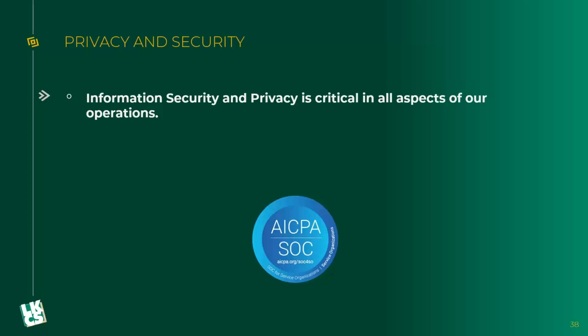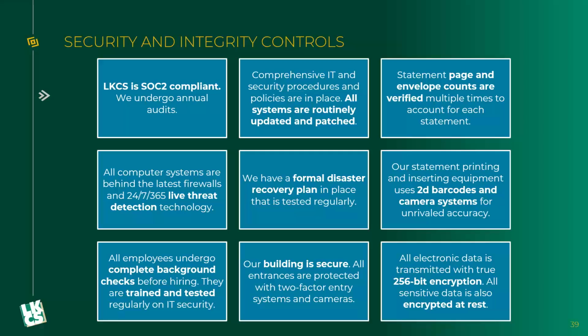So moving on from mailing, let's talk about information privacy and security, because clearly everything that we do is not as important as protecting your data, right? And your account holders' information. It's critical in everything that we do. So these are just a few of the controls that we have in place to protect the security of your data and the integrity of our statements.